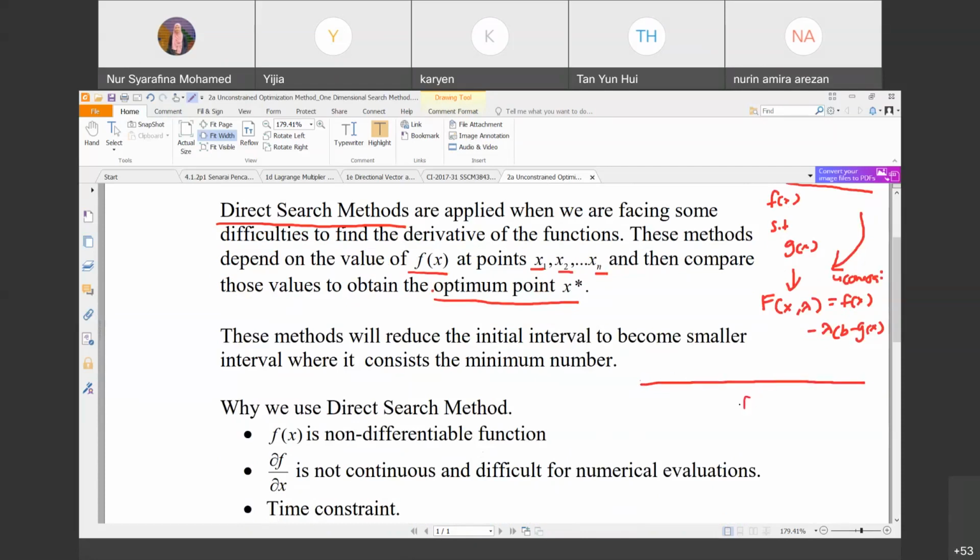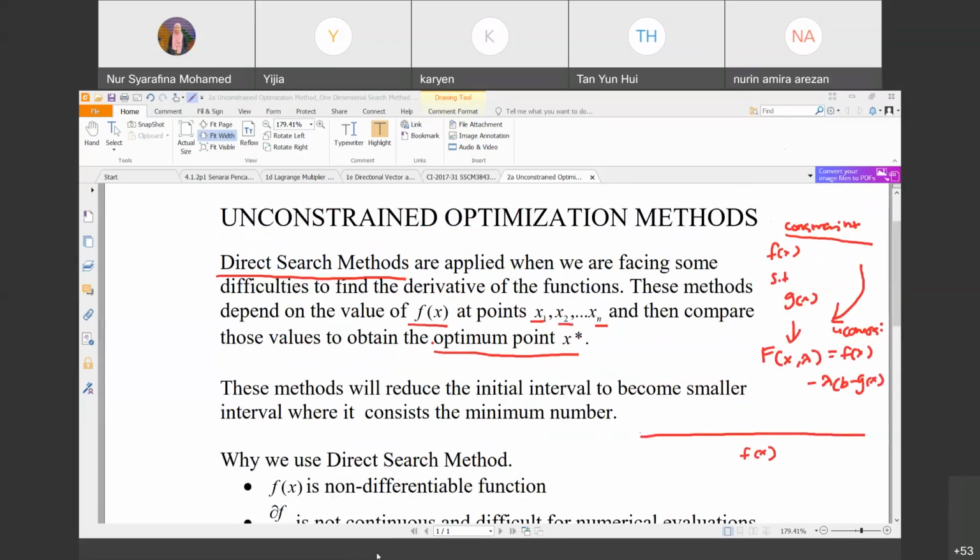fx. Nota unconstrained tak ada. Tak ada. Yang ini tak ada. Tak. Sekejap saya tengok. Oh, terus Fibonacci. Okay, sorry. Apa ini sikit je. One page je.